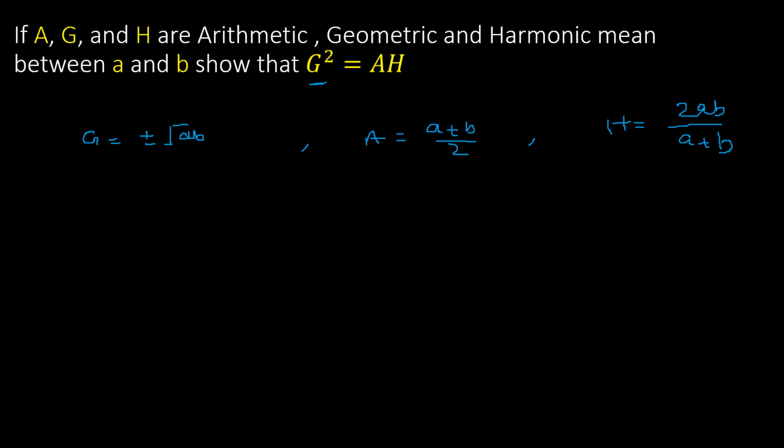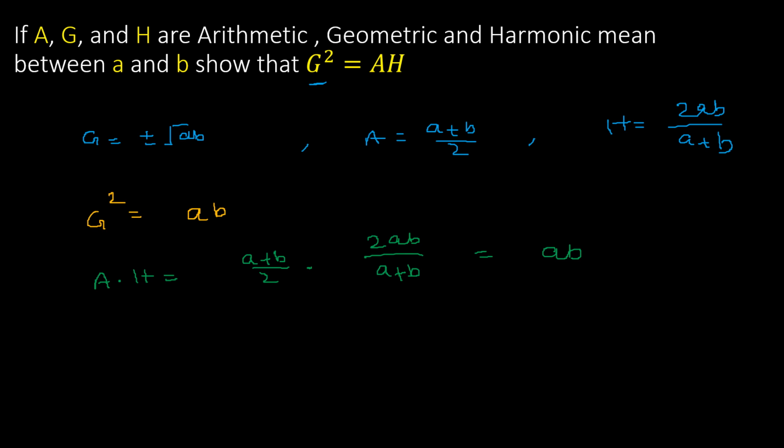Okay, so first of all, we take the square of G and we get G square equals what? That plus minus will cancel out by taking the square, and we end up with ab. And if we take the product of them, then what do we get? The product A times H is a plus b over 2 times 2ab over a plus b, and if we simplify it we end up with ab.